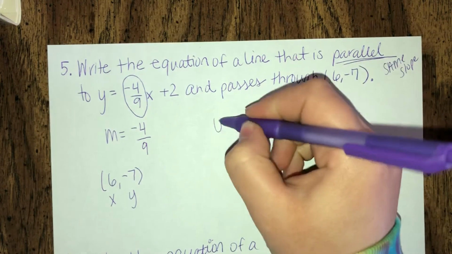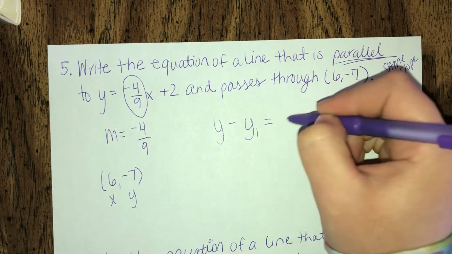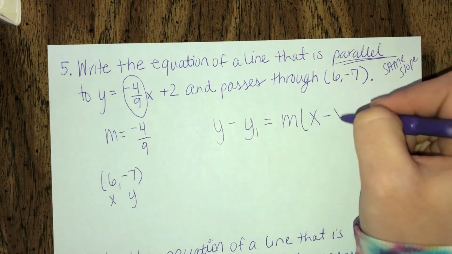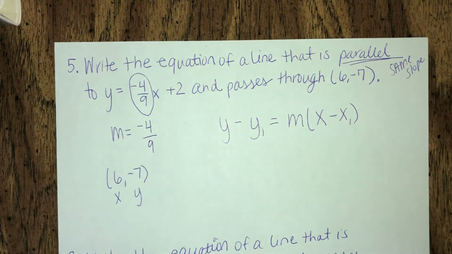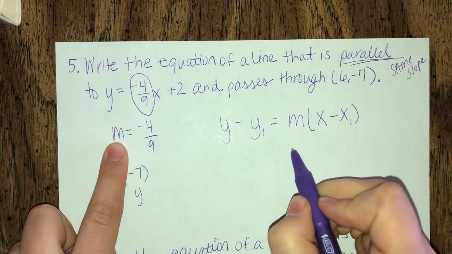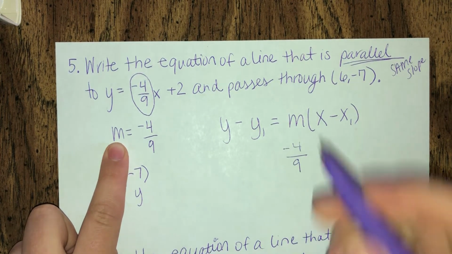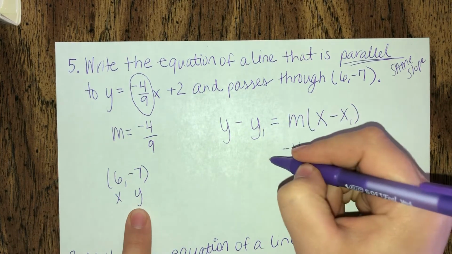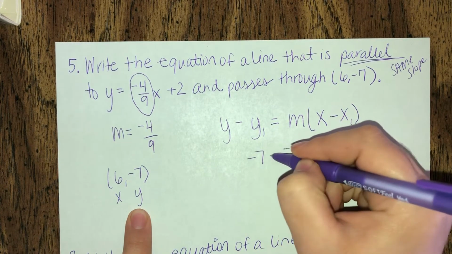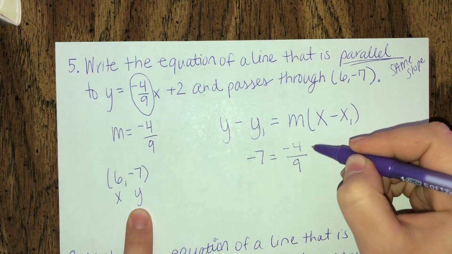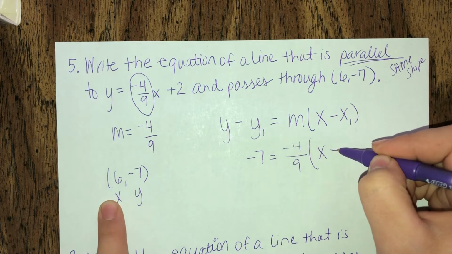And if we are using your point slope formula, this one's a little bit of a flashback from last week. Here's what we got. Our m needs to stay the same. I do nothing to it, just rewrite it. I put my y value in, which is going to be a -7. And I'm also going to put my x value in.